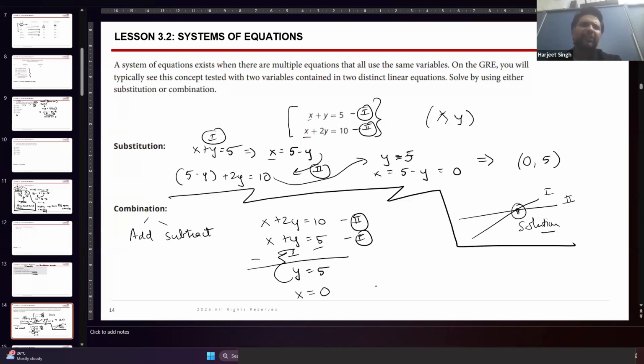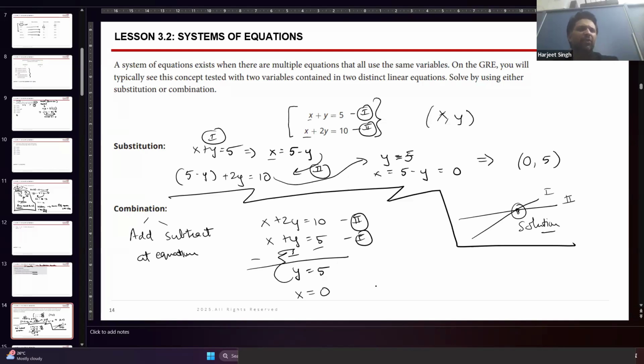So adding or subtracting at equation level, which means I'm adding or subtracting one equation from the other. I might also multiply one equation with a constant if there is a need for that. So basically, we want to immediately eliminate one variable.